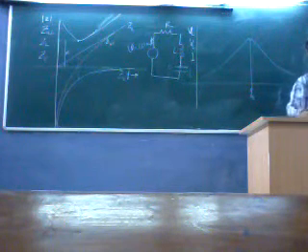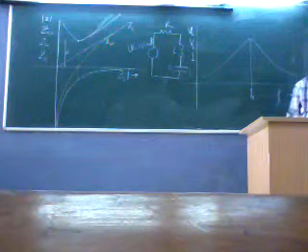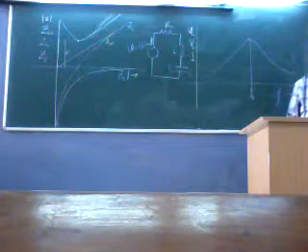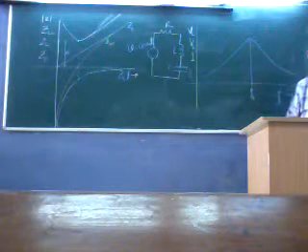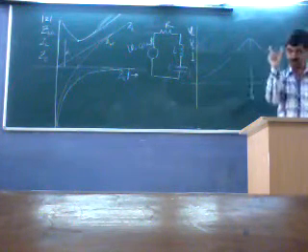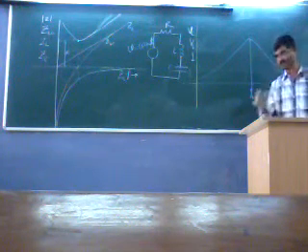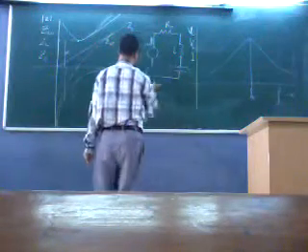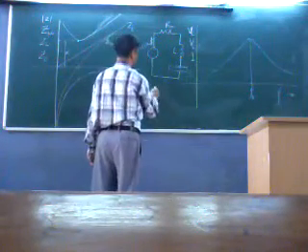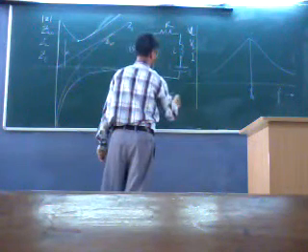What will happen? You can find out the peak voltage. It is a function of frequency for the inductor. Ultimately, the voltage across the inductor will be something like A cos omega t plus B sin omega t.